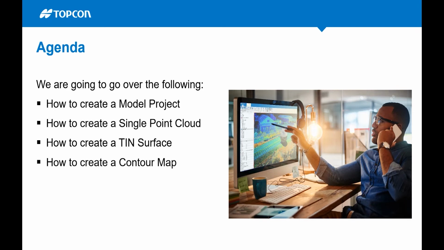Well, today we're going to talk about how we can take our point clouds that we brought in from any of our Topcon scanners and start making different exhibits out of it. So we're going to look into model projects now.